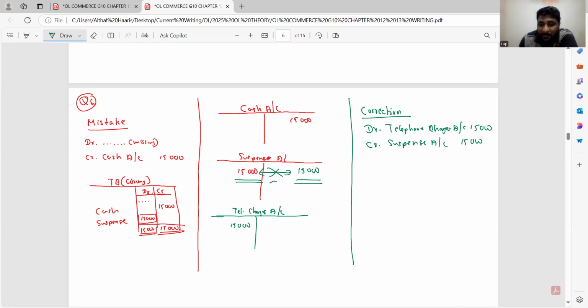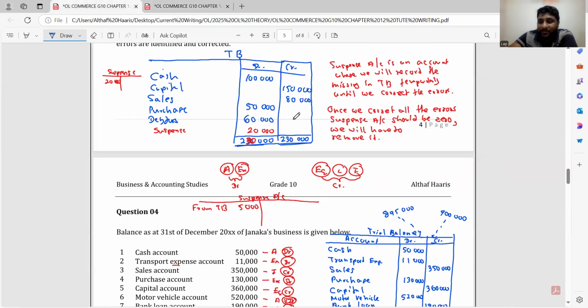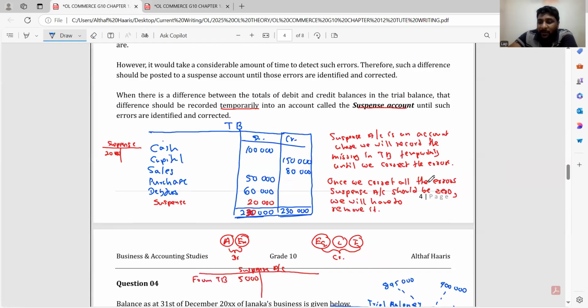Suspense became 0. That's what I told here. Once we correct all the errors, the suspense account should be 0. No balance should be there in the suspense. We can remove it.